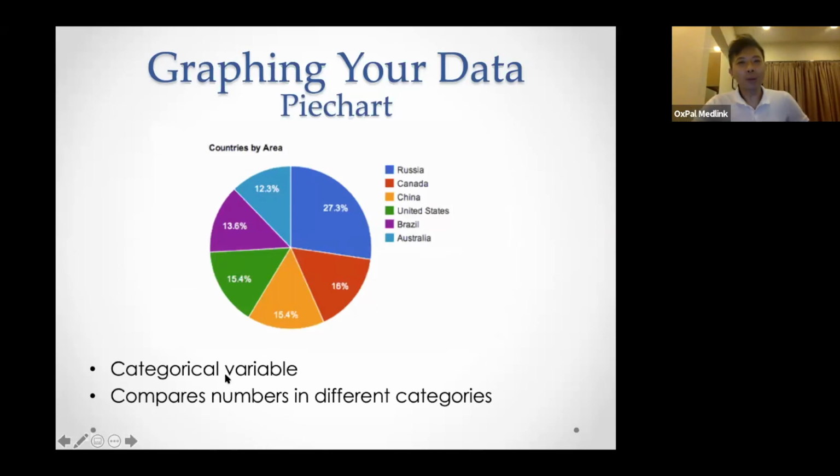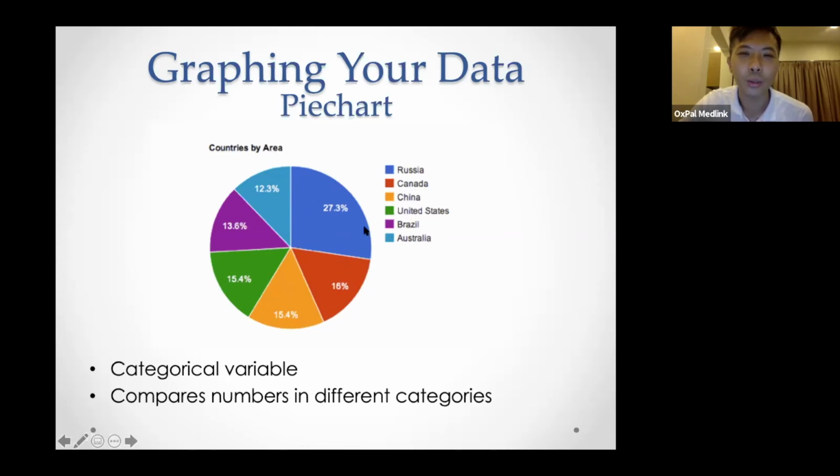Another way of representing a single characteristic, or a univariate, is the pie chart. And here we see the percentage, the area, of each country: Russia, Canada, China, United States, Brazil, and Australia. All these are very large countries, and we want to look at which country has the largest area, and Russia apparently has 27.3.